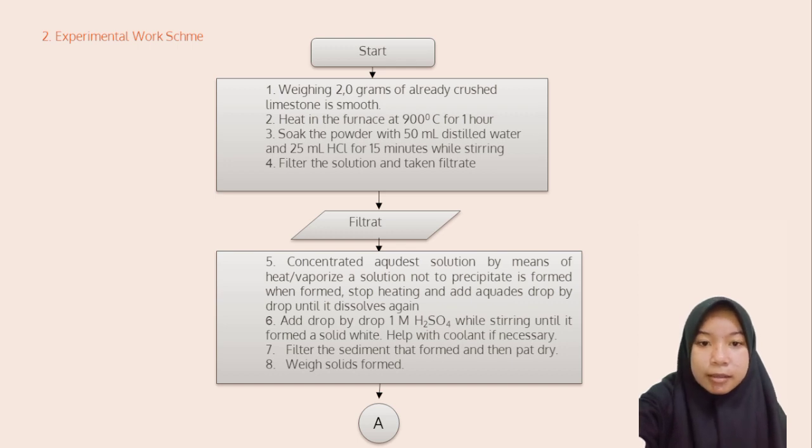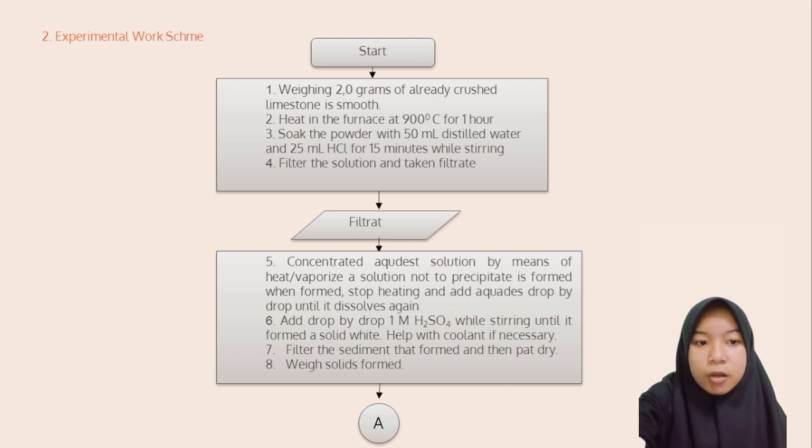Filter the solution and take the filtrate. 5. Concentrate the filtrate by heating or evaporating. When a precipitate is formed, stop heating and add aquades drop by drop until it dissolves again.